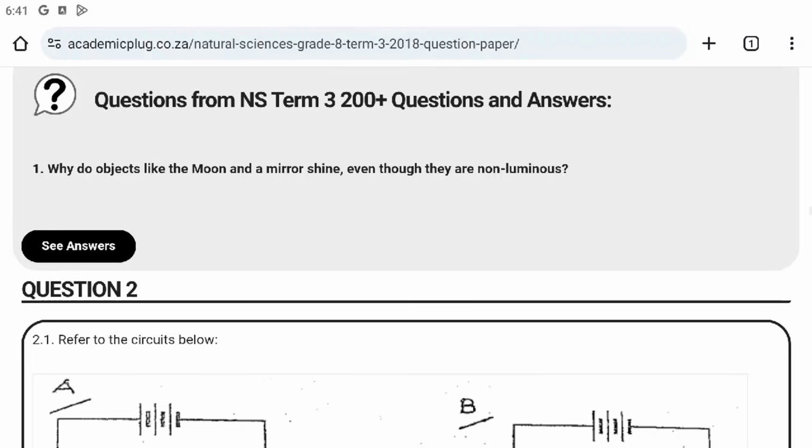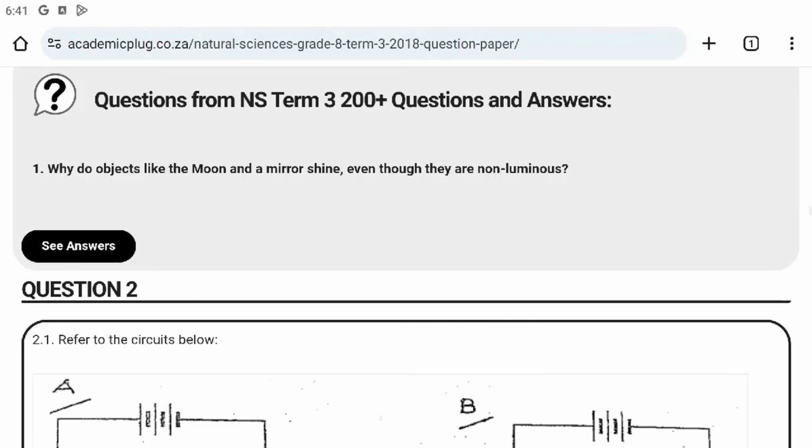Okay, which says, why do objects like the moon and mirror shine even though they are non-luminous? If you know the answer right now, before even looking at the notes, because the answer to this question is in the notes, I'd like to know what you think.